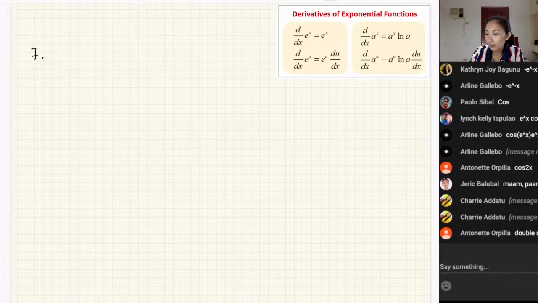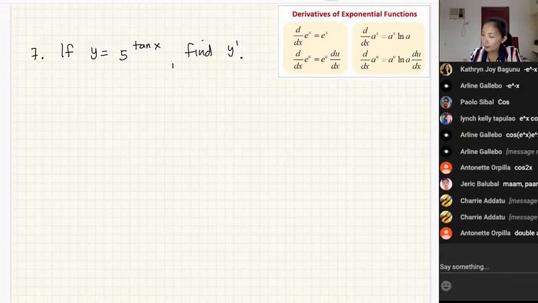If y is equal to 5 raised to tangent x, find y prime. So obviously, this one is of the second form because its base is 5 and not e. So what will y prime be?